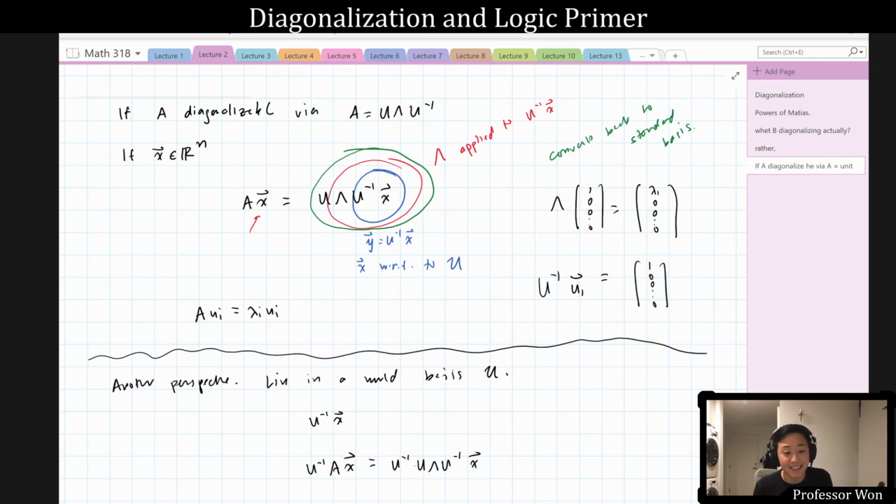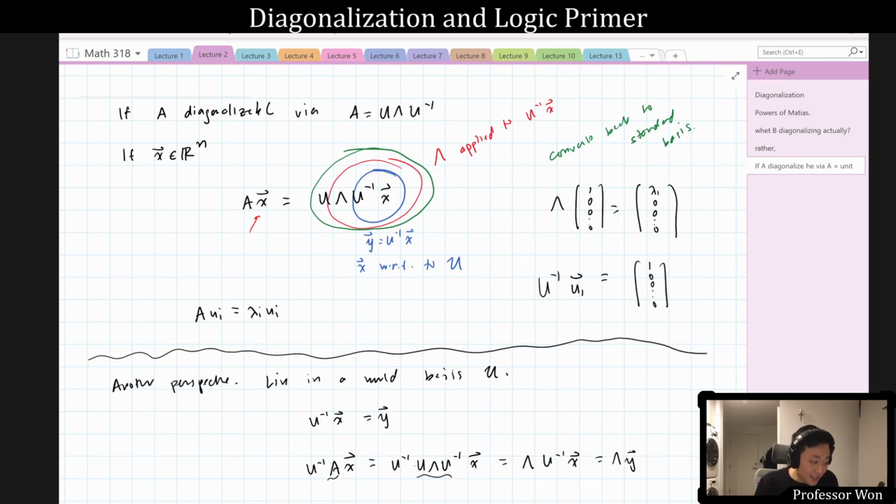All I've done is replaced this A with this. And that's the same thing as lambda u inverse x. Again, the vector that we would consider with respect to the basis u is actually u inverse x. That's y. This is just lambda y.